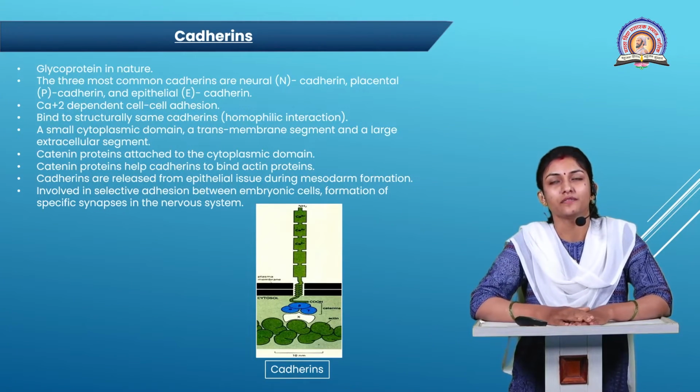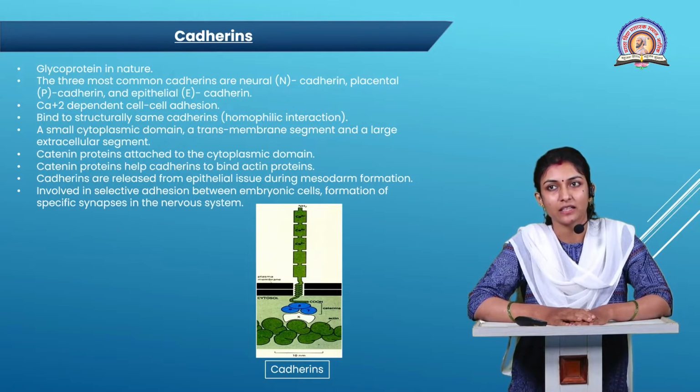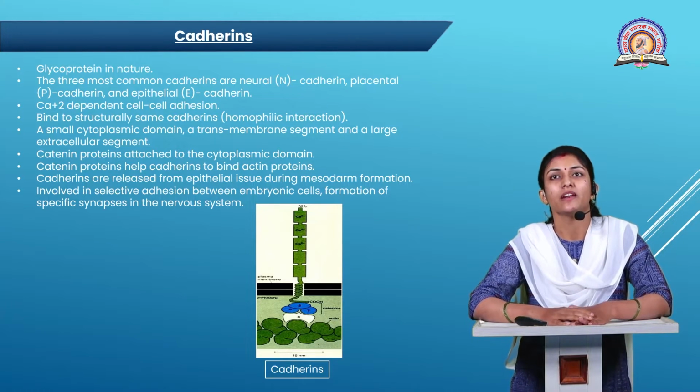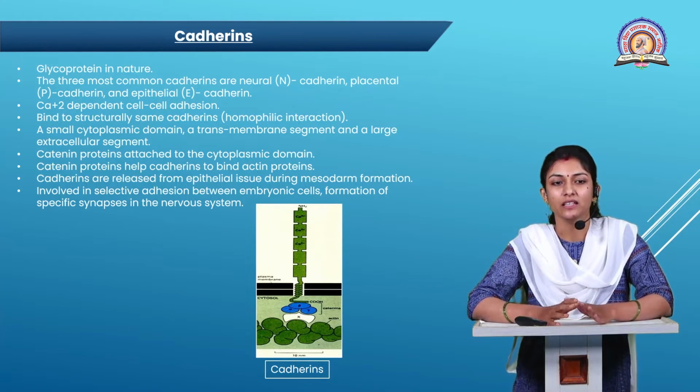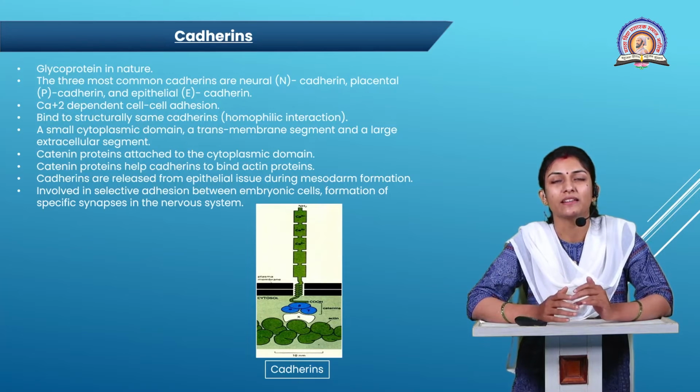Cadherins are famous for cell to cell communication, meaning they are directly involved in direct communication. Cadherins are calcium dependent proteins. There are different types of cadherin: N cadherin, P cadherin and E cadherin, meaning neural cadherin, placental cadherin and epithelial cadherin.